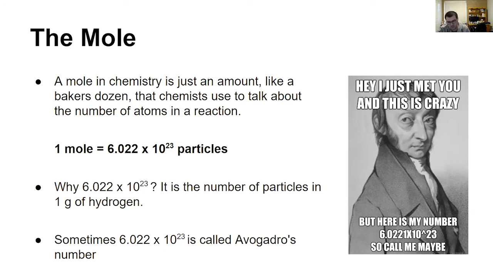Now, I will also just finish up. Sometimes when chemists talk about the idea of 1 mole being 6.022 times 10 to the 23 particles, we call it Avogadro's number in honor of the chap shown on the right just here.